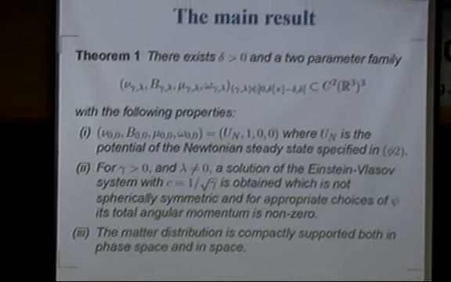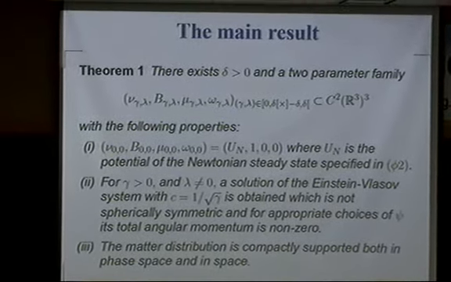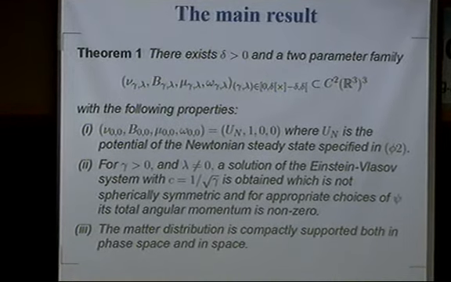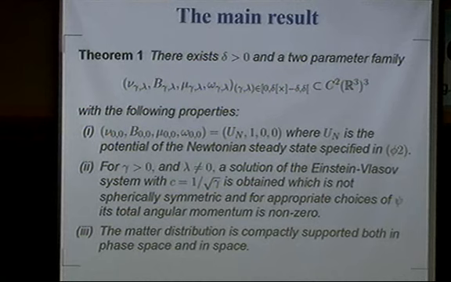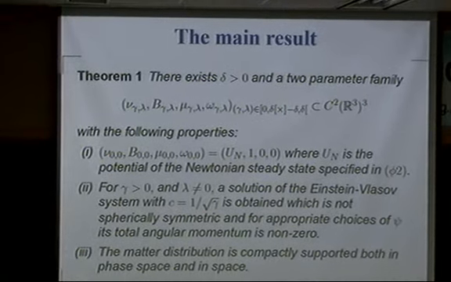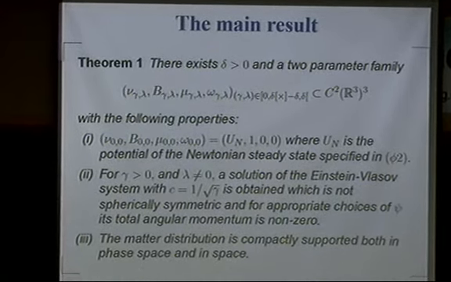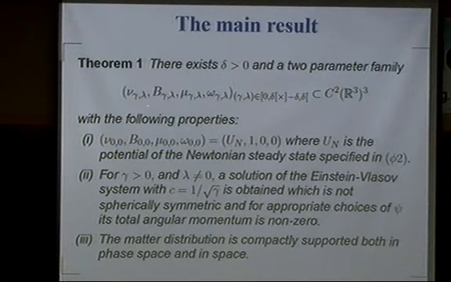So before I discuss the strategy and the difficulties, just let me say then the result that we have. So we are now able to construct a two-parameter family of solutions, mu, b, mu, and omega. Those are the metric coefficients. And if the parameters are 0, we obtain the Newtonian steady state.